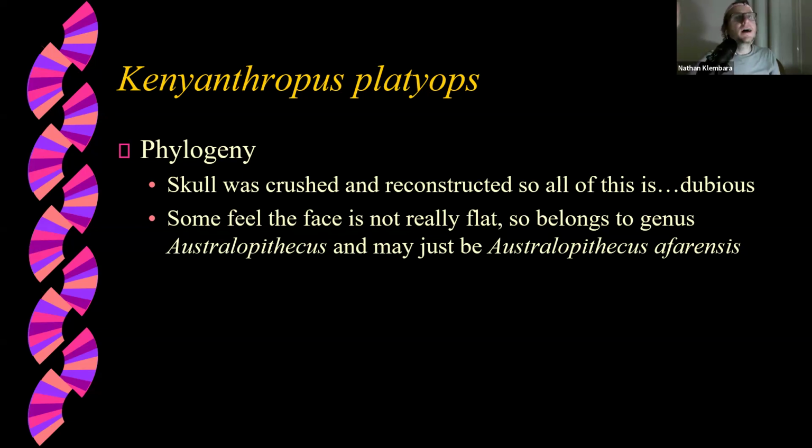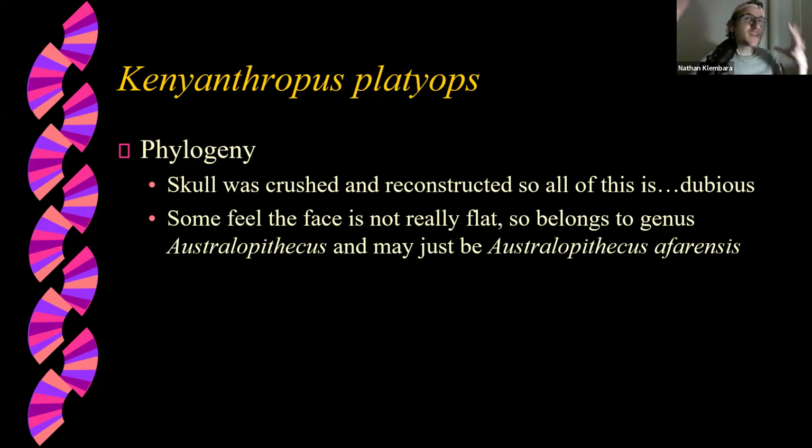So some people have argued that the flat face reconstruction is wrong, that instead, Kenyanthropus's face was much more prognathic than that. And so actually, this specimen belongs in the genus Australopithecus, which would make it Australopithecus platyops.